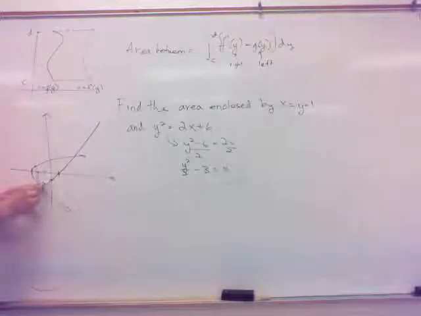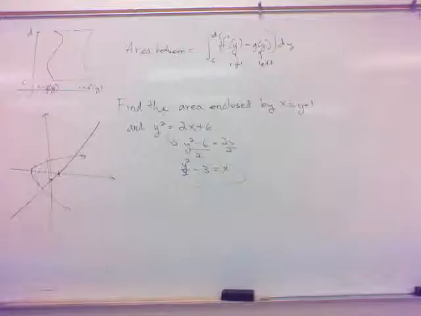And then here I've had to split it up, because at this point the bottom one is actually the line. The top curve and the bottom curve are the parabola, which would be square root graphs. But anyway, we don't want to do that.